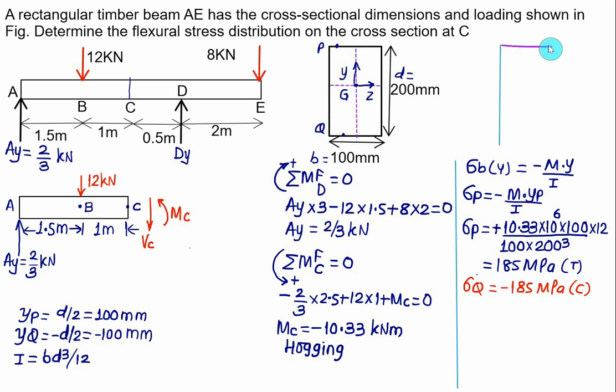So suppose this value represents here 185 megapascal. Same value will be repeating here on the bottom, but it is a compressive value, also equal to 185. So this one is point P and this one is point Q. So this figure represents here the bending stress distribution in the rectangular section.